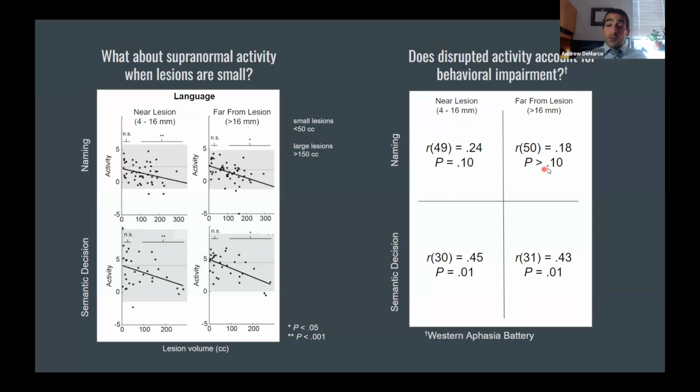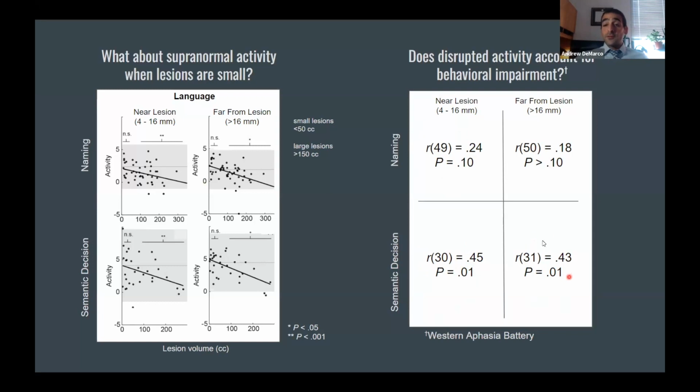And now far from the lesion, similarly in the naming task, there's no relationship. Turning to the semantic decision task, there is a relationship in activity, independent activity, with aphasia quotient elicited by that task near the lesion, independent from lesion size.